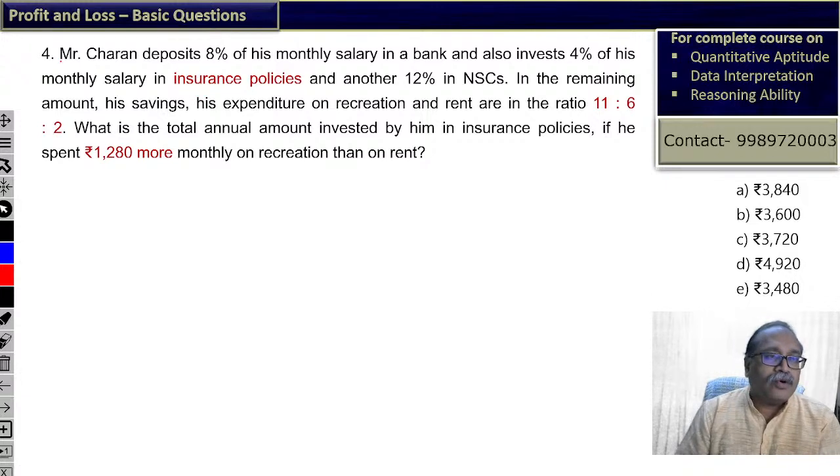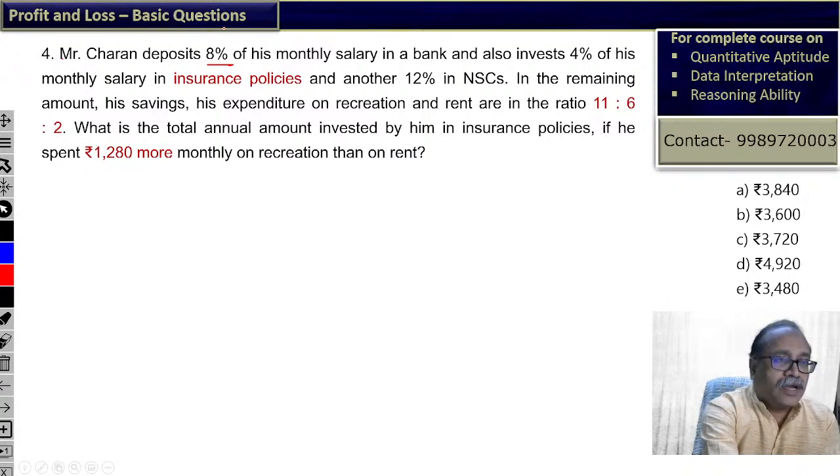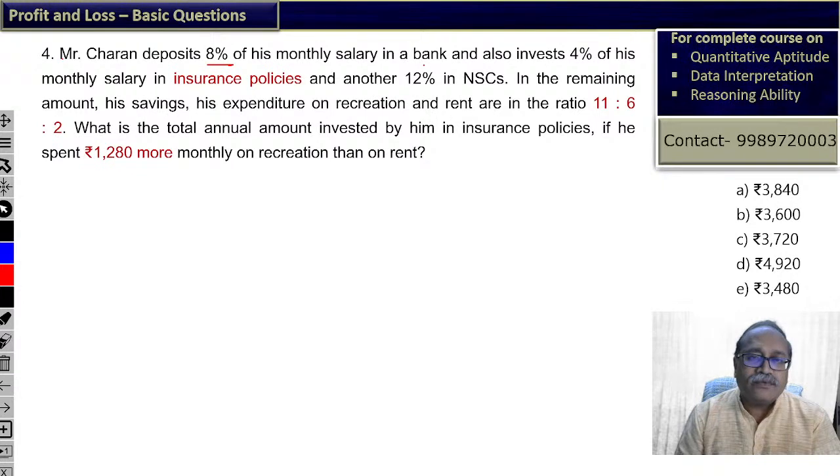Okay, now here Mr. Charan deposits 8% of his monthly salary in the bank and also invests 4% of his monthly salary in an insurance policy and another 12% in NSC. So how much of the total salary is he spending? Look, that is 8 plus 4 plus 12%.